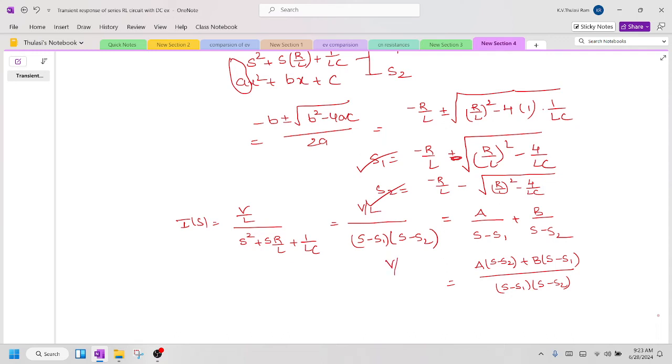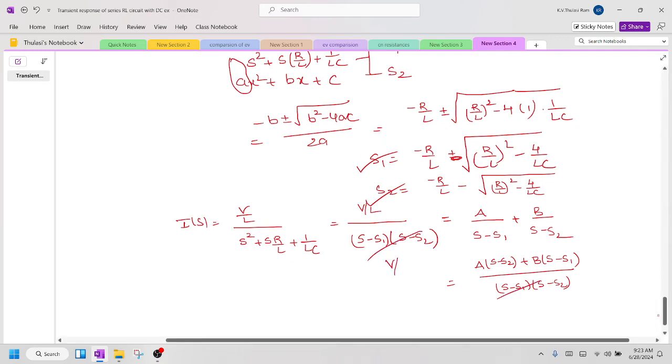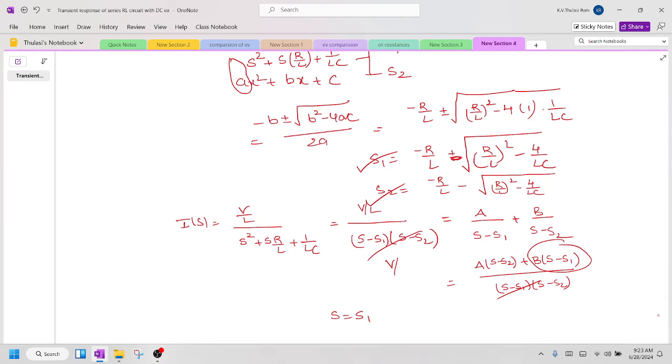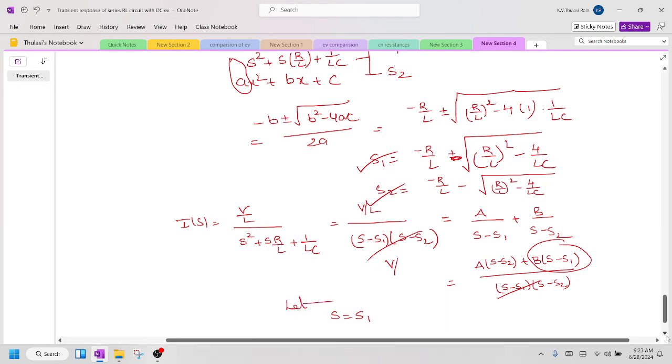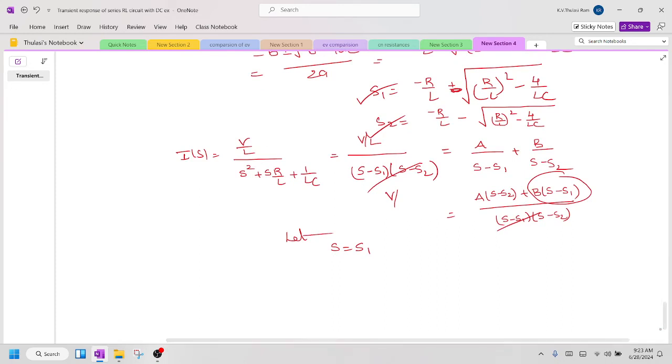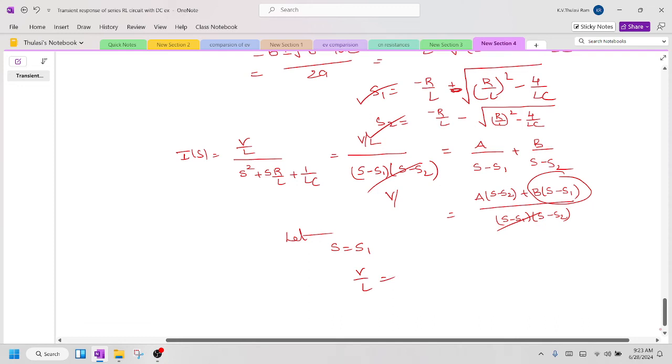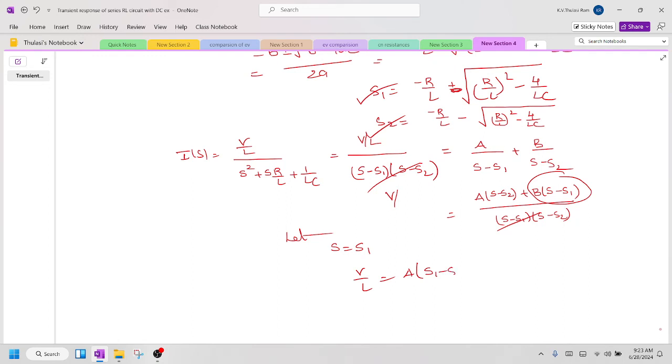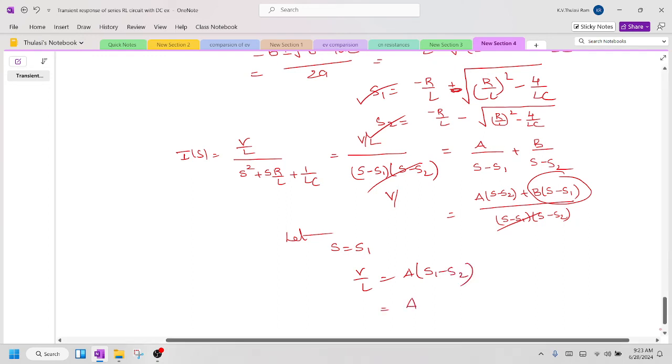Substitute S is equal to S1. Automatically the B term will become 0, and we get V by L equal to A into S1 minus S2. Therefore, A equals V by L into S1 minus S2, one unknown constant.